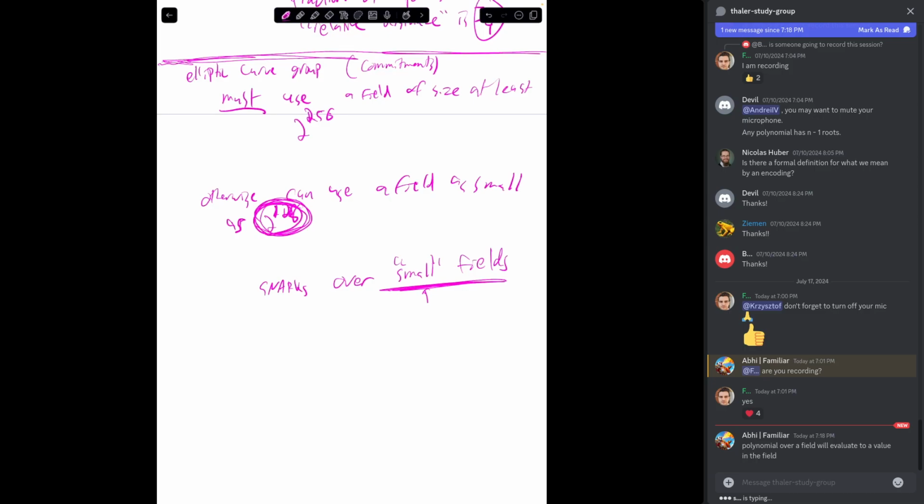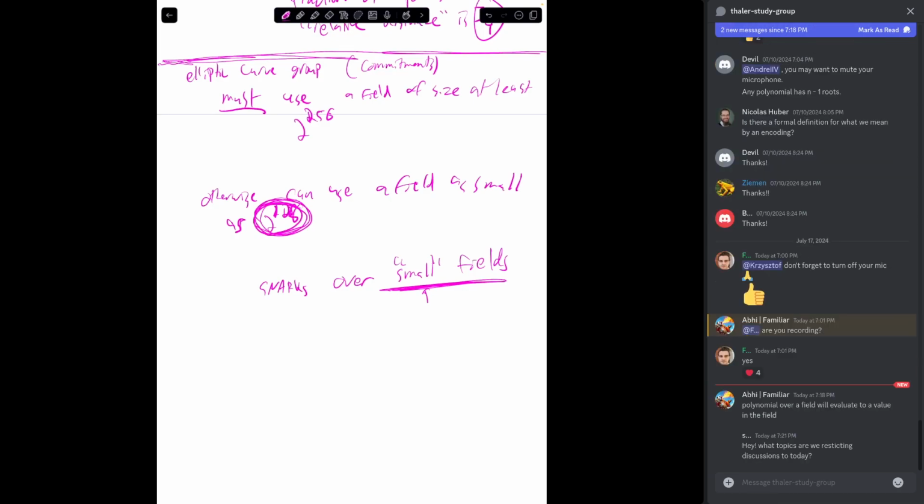Do you really need a field, or is there such a thing as a polynomial defined over a ring that's not a field, or a group, which are algebraic objects that are not quite the same as fields? And people have looked at that.